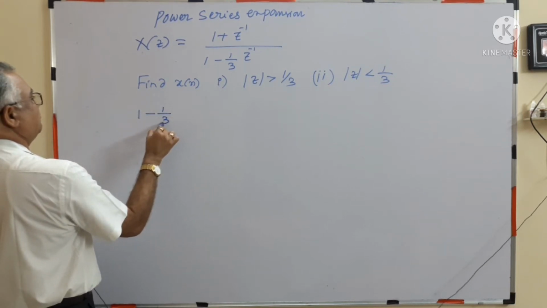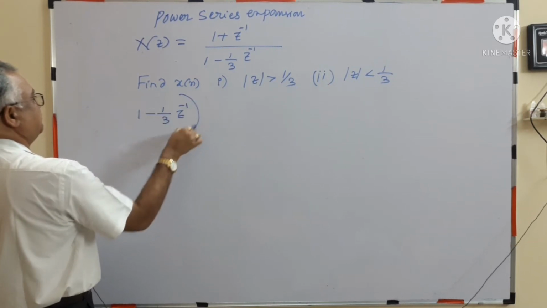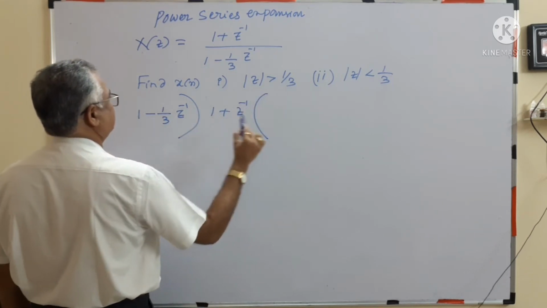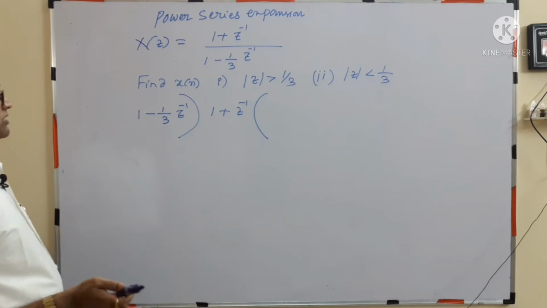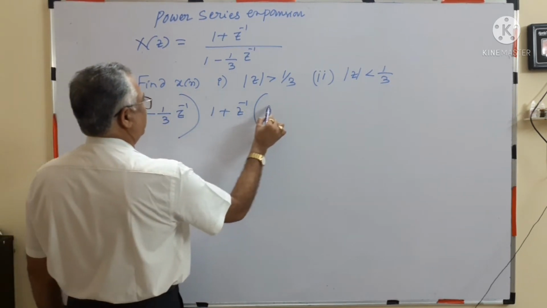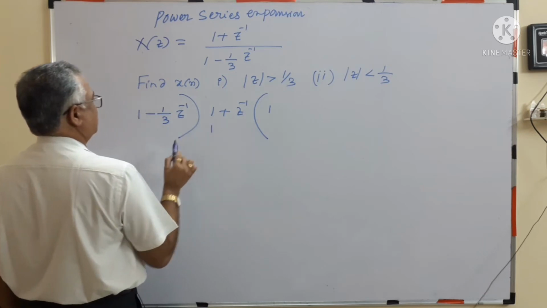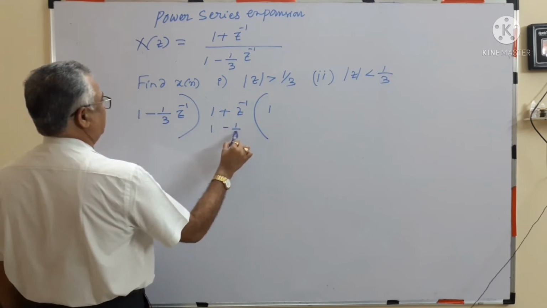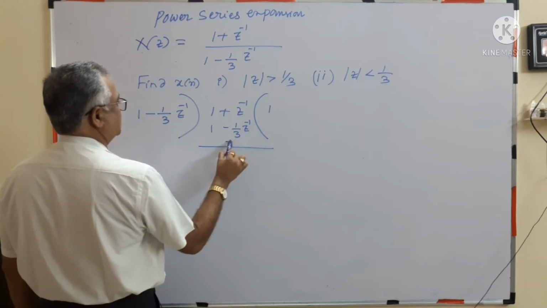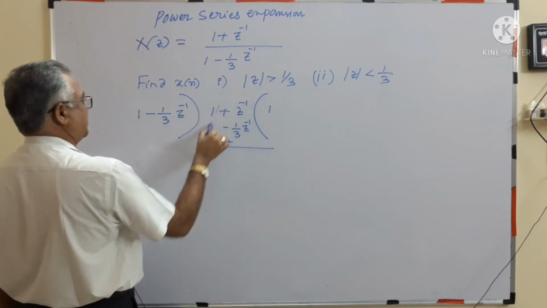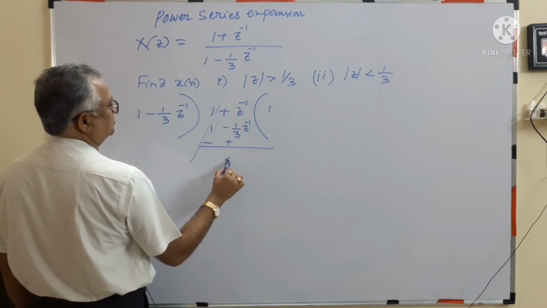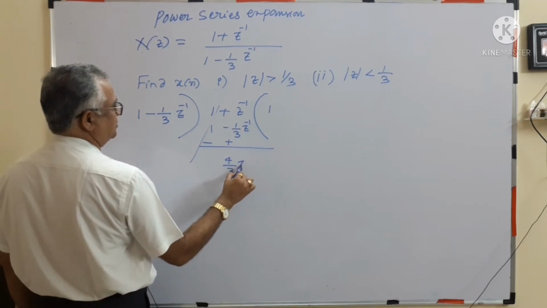1 minus 1 by 3 z inverse divide 1 plus z inverse. Power series is nothing but long division. So to get 1, 1 minus 1 by 3 z inverse. This is plus, minus, this cancels. 1 by 3 plus 1, so 4 by 3 z inverse.